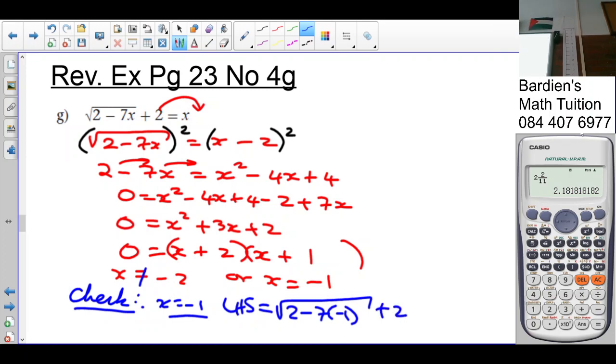What is negative 1 times negative 7? Positive 7. Positive 7 plus 2 is 9. What's the square root of 9? 3. 3 plus 2? 5. Okay? On the right hand side, just negative 1.